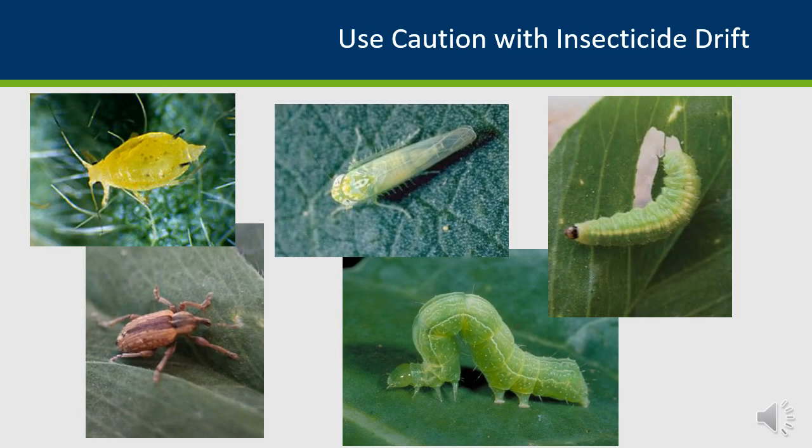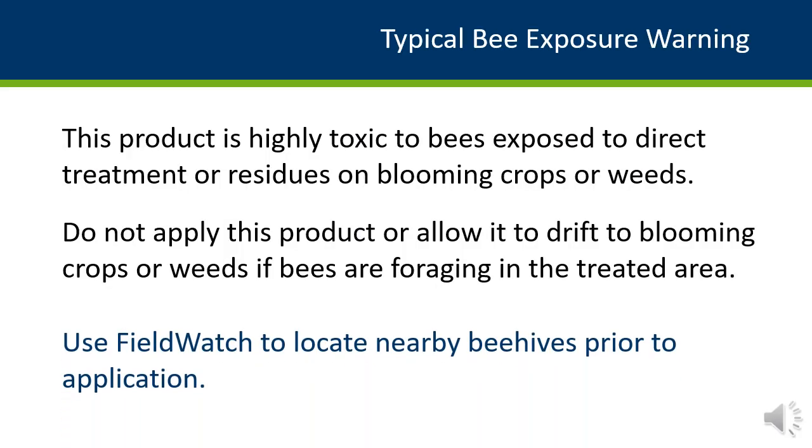There are also many insect pests that may require foliar insecticide applications. Insecticide drift is a concern for bee health. Check product labels for instructions on bee and pollinator protection. Bee exposure warnings are found on a number of insecticide labels from various modes of action.